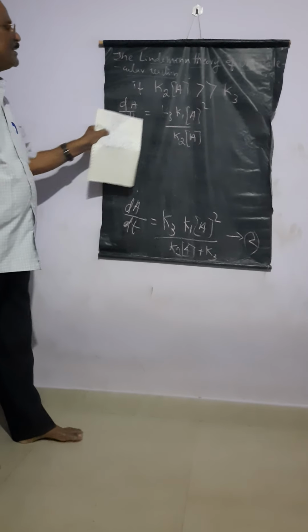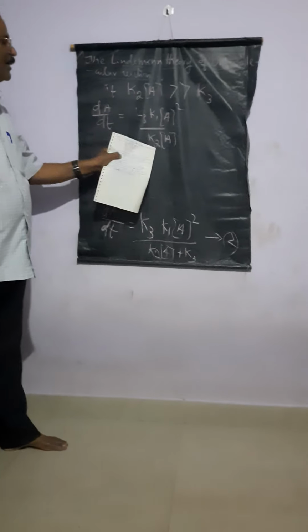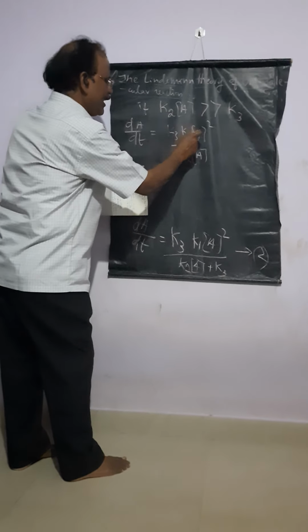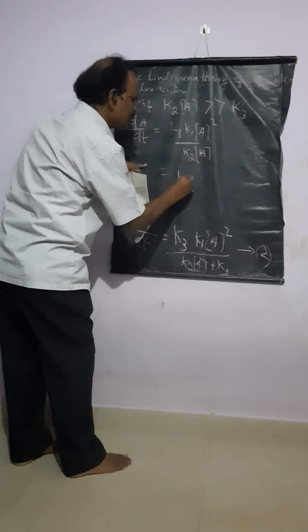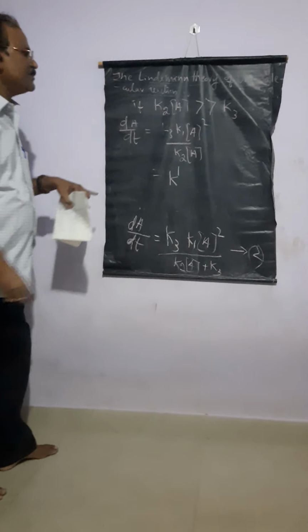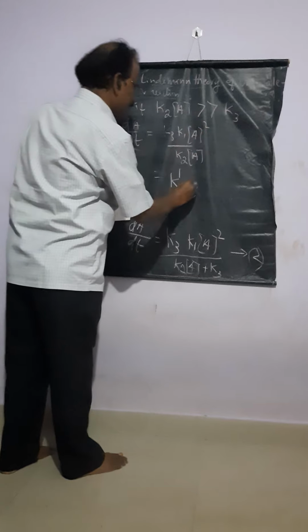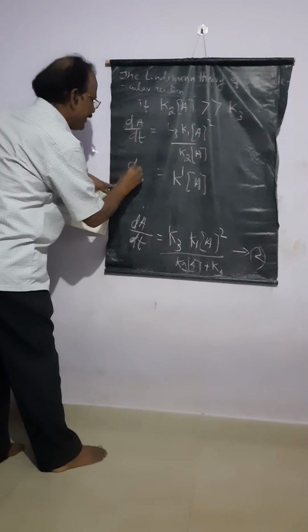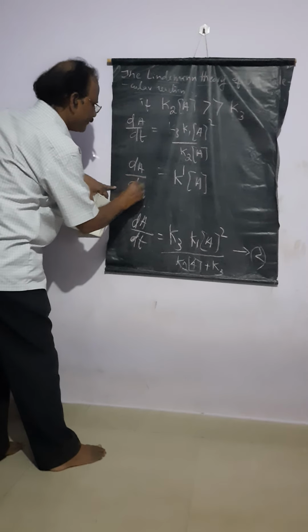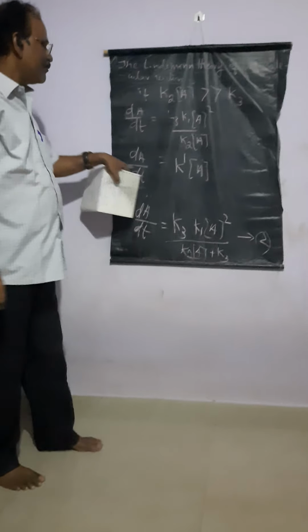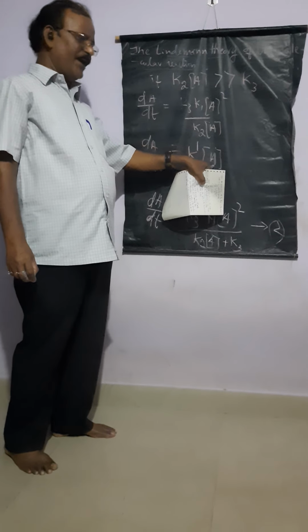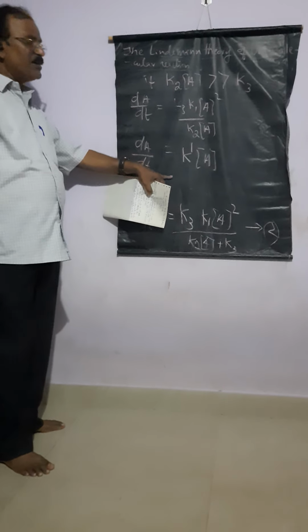Then dA/dt is given by K3 K1 by K2 into A. So K3 K1 by K2 is another constant K dash, a constant, into A. That means the rate of reaction is given by K dash into A. Then here it is a first order reaction.